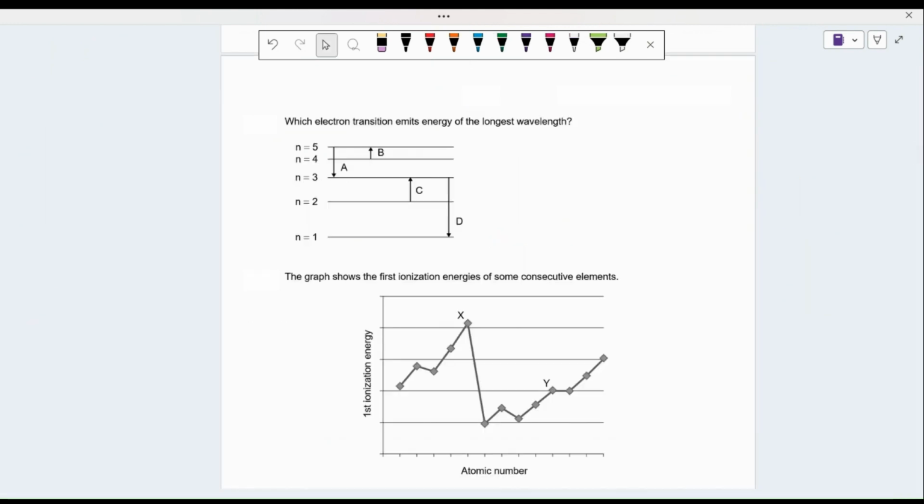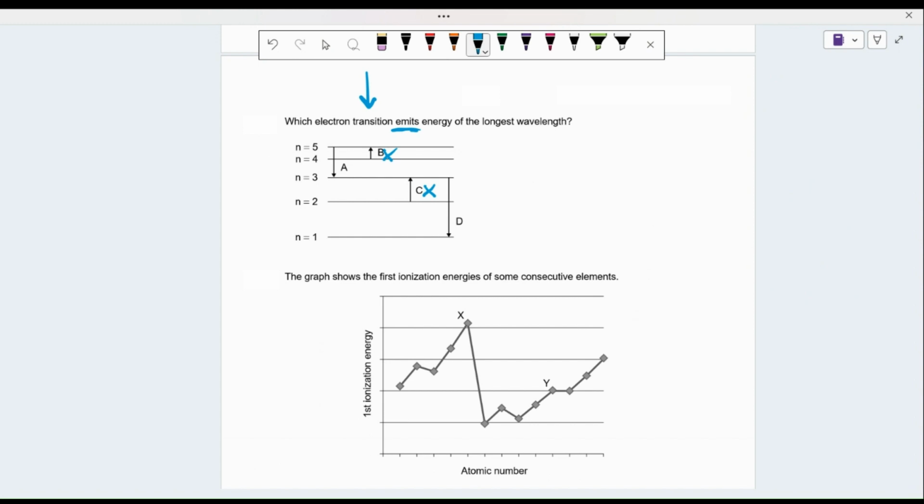Question 4. Electron transition that emits energy of the longest wavelength. Okay, so first of all, we are emitting, which means our arrow is going to go down. Emitting is down, absorbing is up. So we can eliminate B and C. Is it going to be A or D?